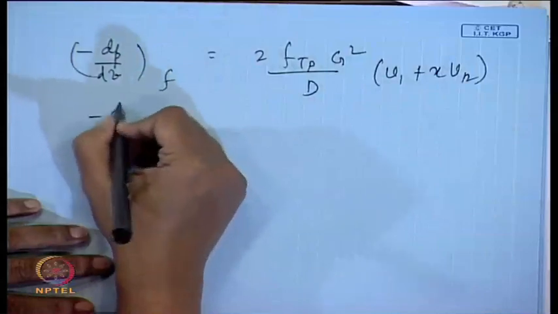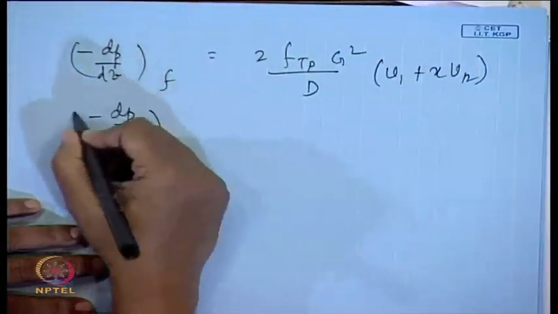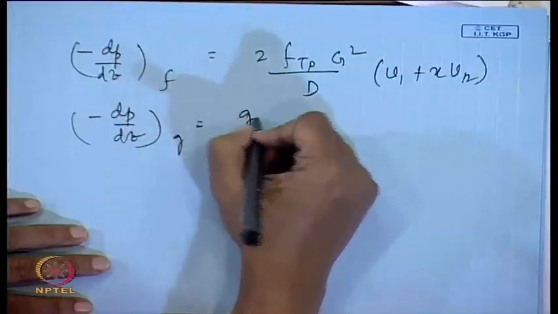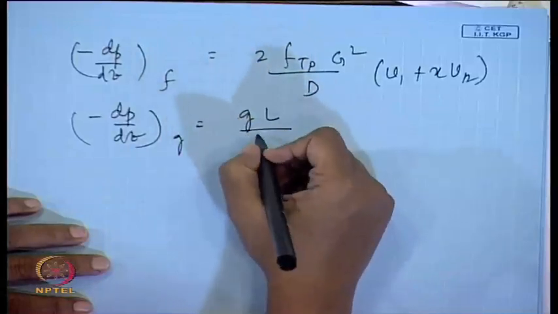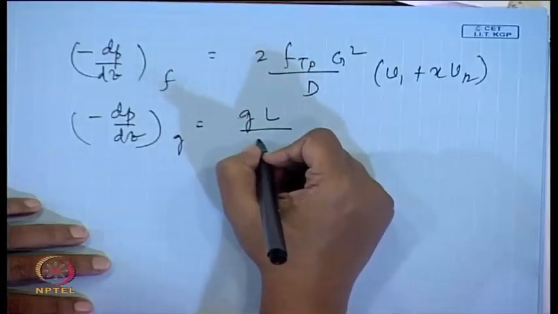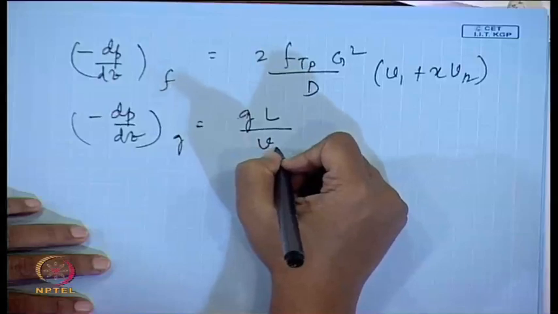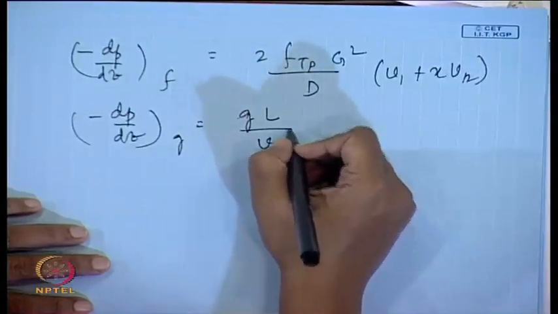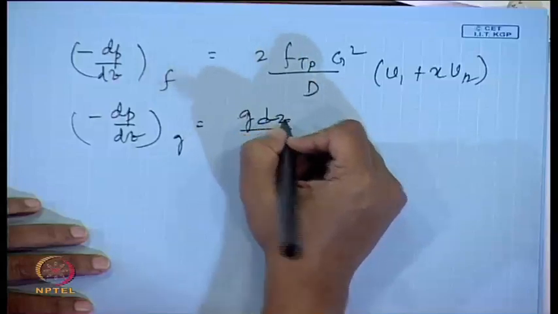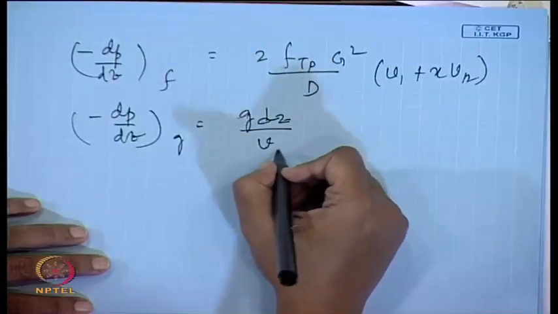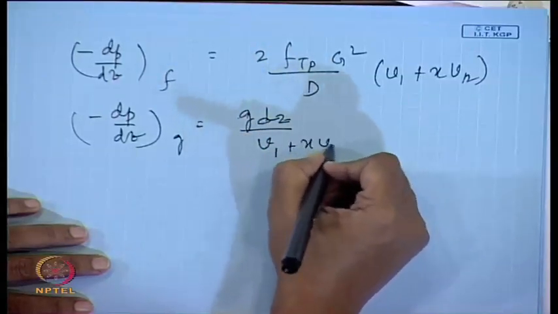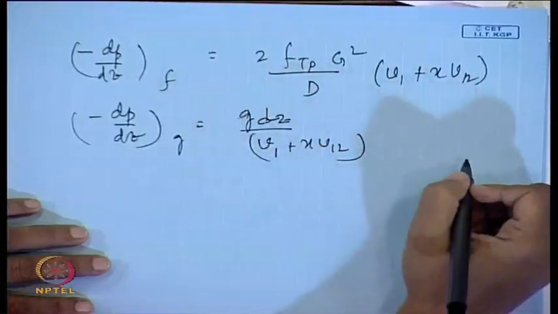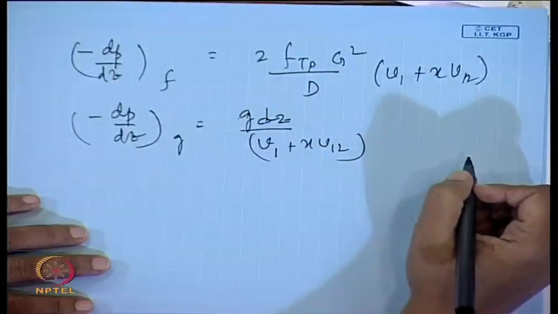What about your gravitational pressure gradient? This is simply G d z, very sorry, g d z by (V 1 plus x V 1 2), is not it, rho g d z.